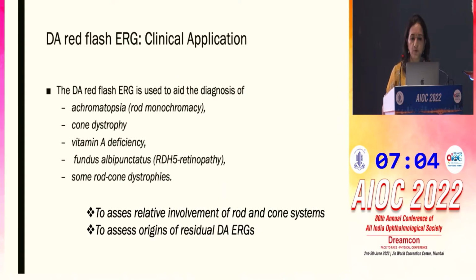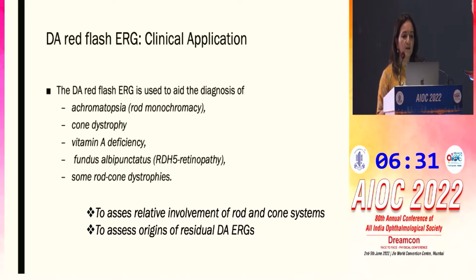So what is the importance of this? We all know that when you do a dark adapted scotopic combined response, combined means it comes from the cones and the rods. As ma'am said, scotopic responses mean A wave coming predominantly from rods, and photopic means A wave coming predominantly from the cones. But we don't know how much is coming from the cones and how much from the rods. A combined response will have both responding, but in this way we are able to split the two.